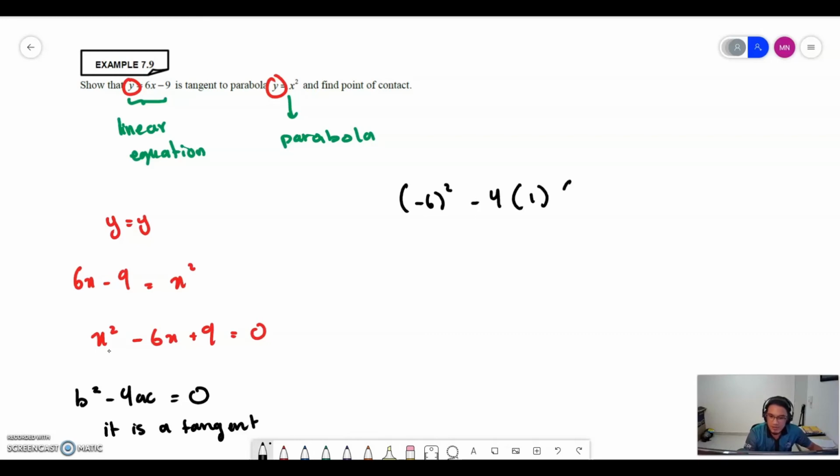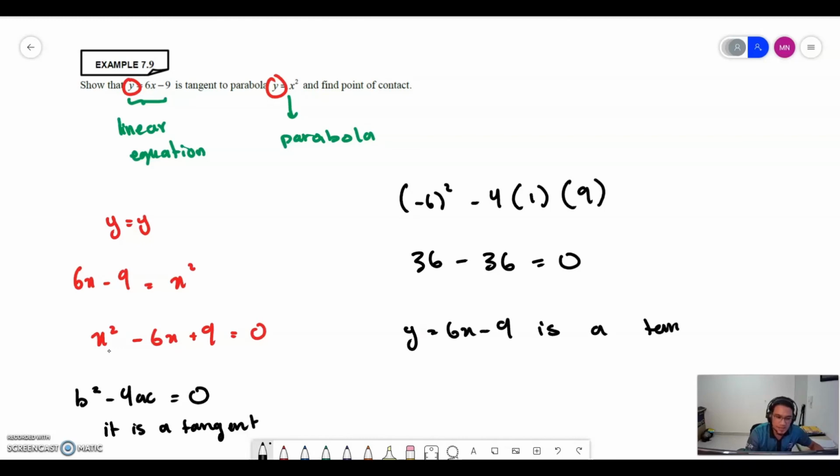Let's substitute: negative 6 squared minus 4 times 9, so we have 36 minus 36, and that is equal to 0. From that we can conclude that y equal to 6x minus 9 is a tangent to the parabola y equal to x squared.